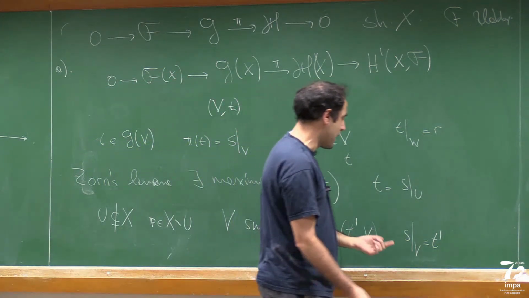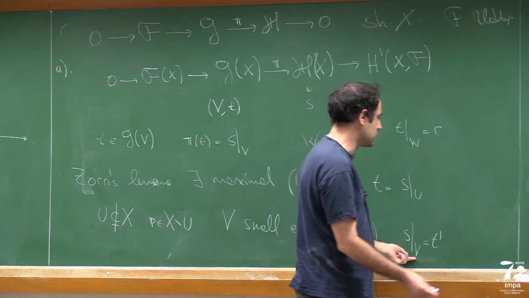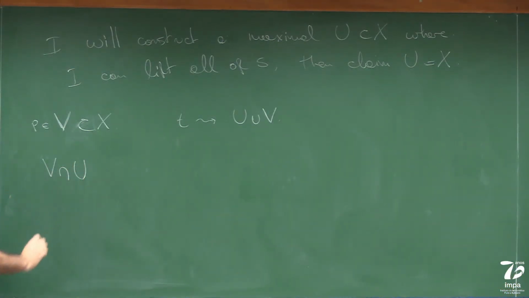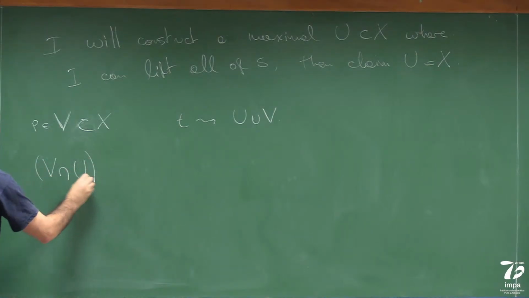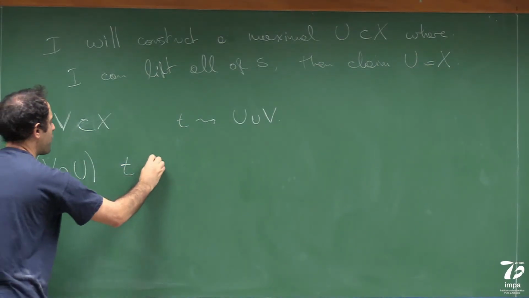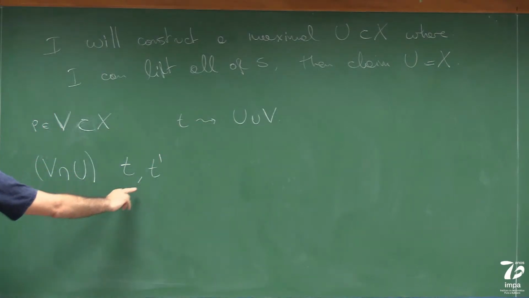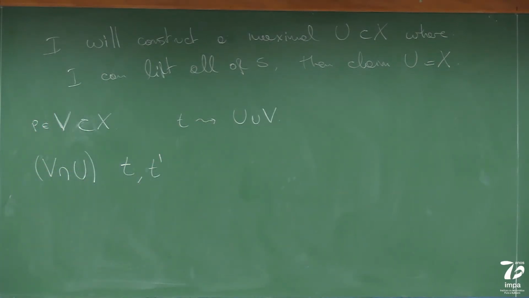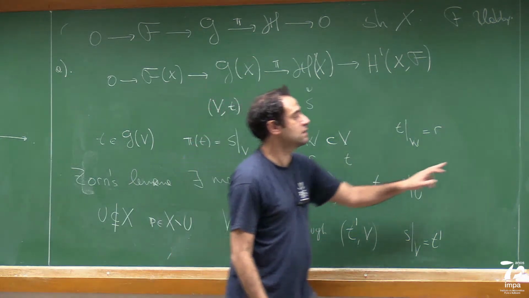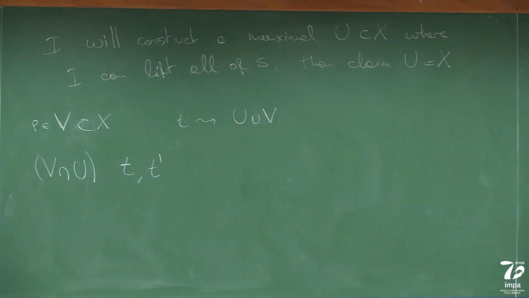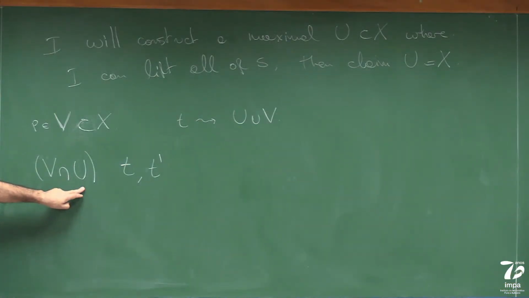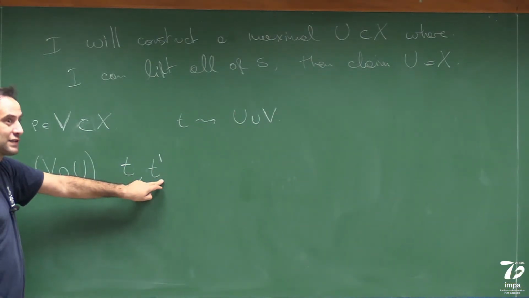Now we have two things, because we can look at V and intersect it with U. In here I have two sections, T and T prime, and they both restrict to the same thing. T was defined on all of U and restricts to V intersect U, and T prime was defined on all of V and restricts to V intersect U.